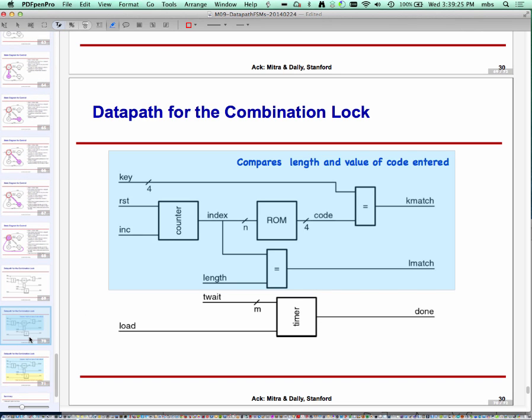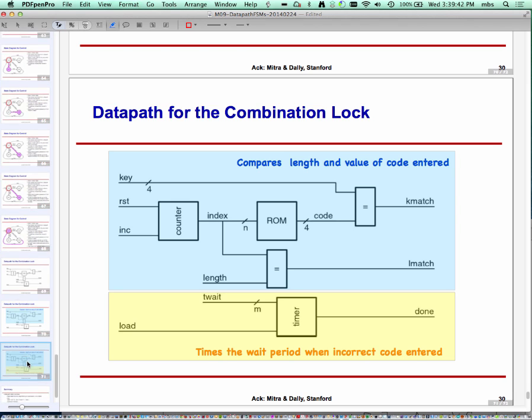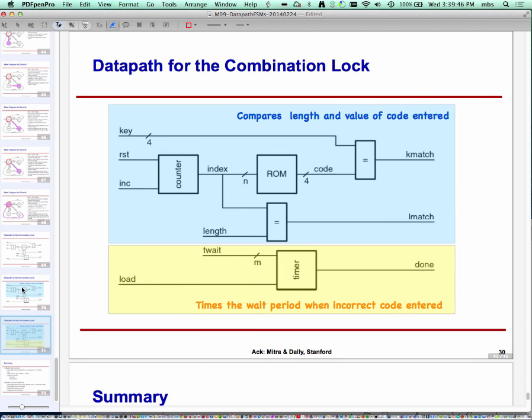This part of the data path compares the length and compares the value of the key which was pressed, and the bottom part of the data path implements the timeout that we need. These are both parts of the data path. I have not fleshed things out fully, but you'll have to figure out from the state machine how to control the data path.